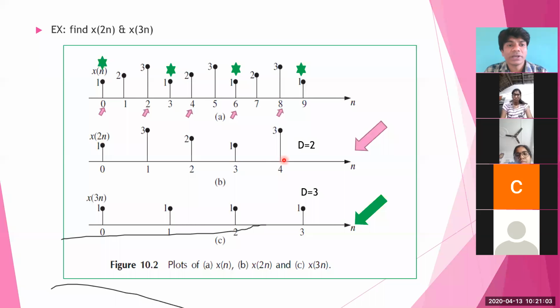Or another viewpoint is that you drop d minus 1 samples between 2 successive samples. Here you can see I have dropped 2 samples because my decimation factor is 3. Is it clear? Yes, sir.